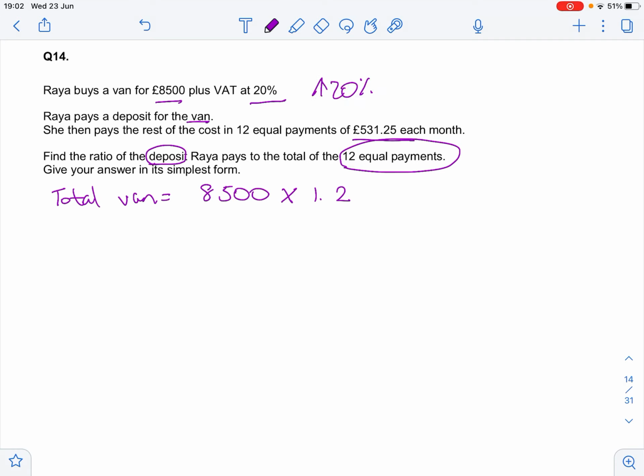And how do we convert this into a decimal multiplier? We start with 100%, add 20%, which is 120%. Then convert into a decimal multiplier, which is 1.2. So the price of the van you have to pay in total would be 10,200.